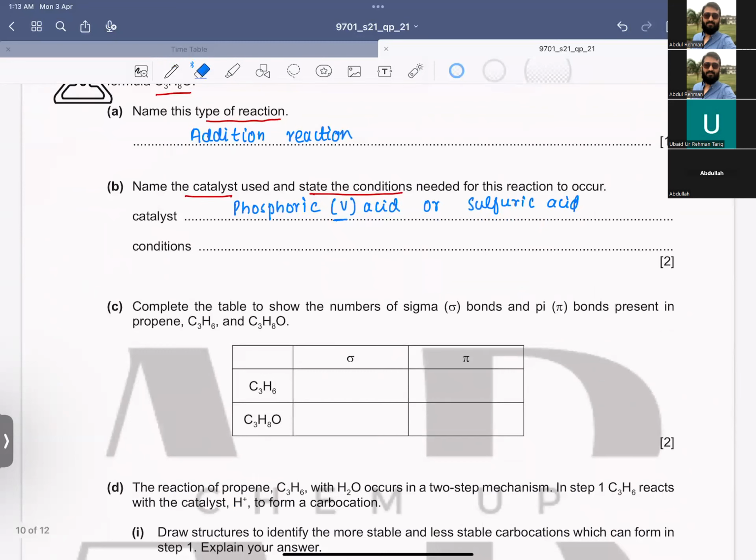Condition. Sir, it is heat. Yes, heat or heating. But sir, is it necessary to write the exact degrees Celsius? No, that is the good thing for you people, that there is no need to remember the temperature. You need to remember that we have to heat and we have to apply pressure.